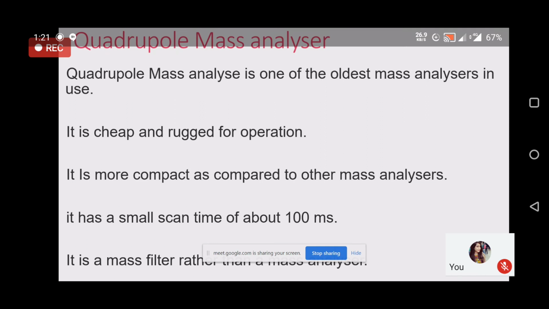They will get lost in between, and therefore they will not reach the collector electrode. So the collector electrode at a time will receive only one m/z. Correct? Now, the question is, how will I record the spectrum with different m/z values? Have you followed the question? All others are eliminated. Only one m/z goes to the collector electrode and registers the current.